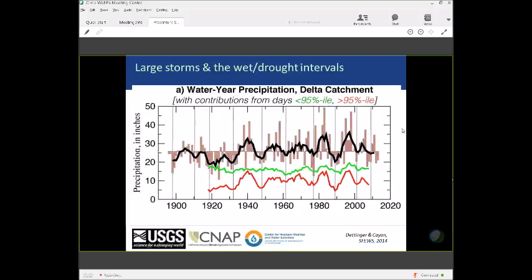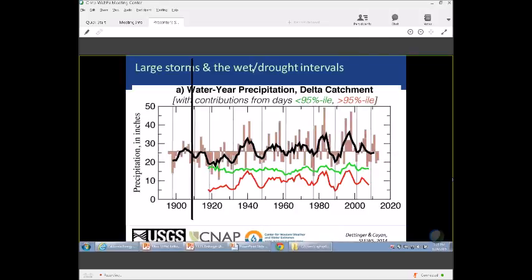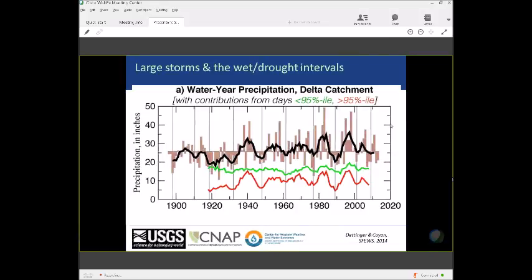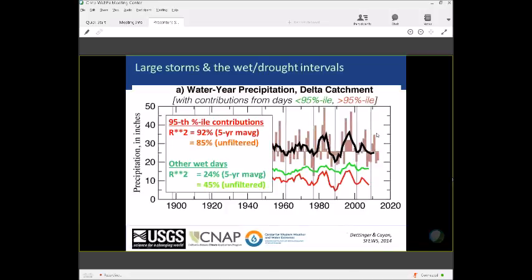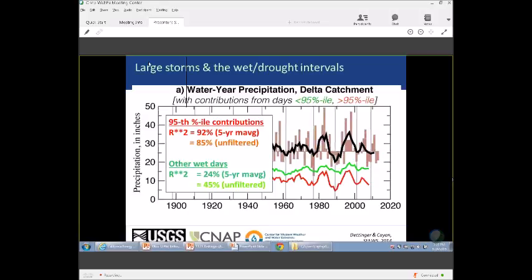Statistically, the red curve, those 95th percentile or wettest 5% of days, with the moving averages applied, captures 92% of the variance of total precipitation with a moving average applied. If it was all histograms here, it would be 85%.